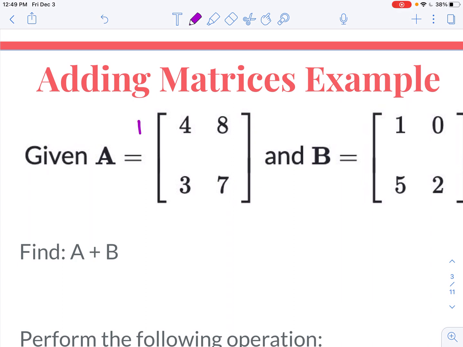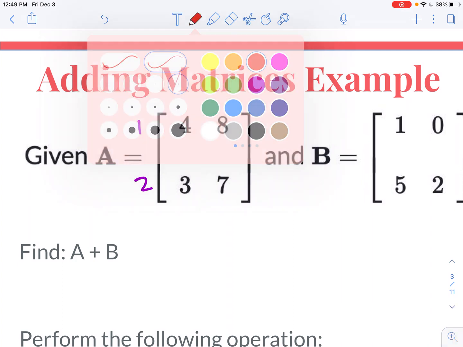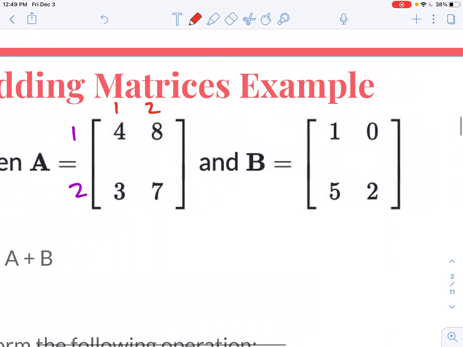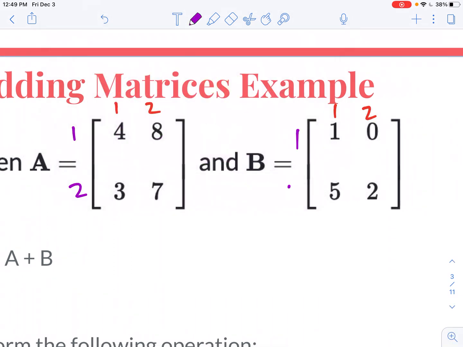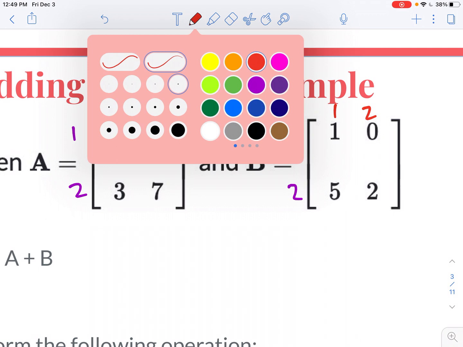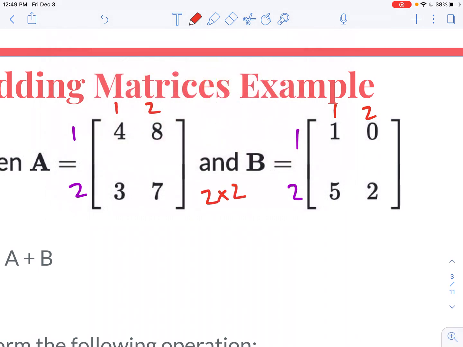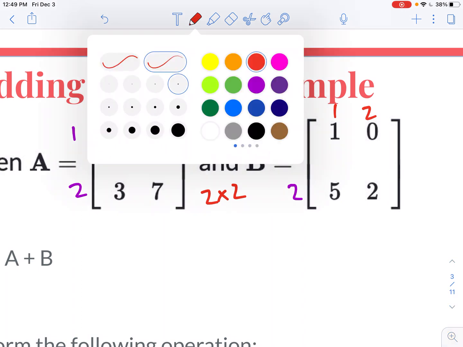I've got 2 rows and 2 columns. And I have another 2x2 over here, where I've got 2 rows and 2 columns. Columns in red, rows in purple. So both of these are 2x2 matrices. That's something that is important to start labeling, because when we get into multiplication, it's going to be a huge part of this. Since they're both 2x2, I can add them.